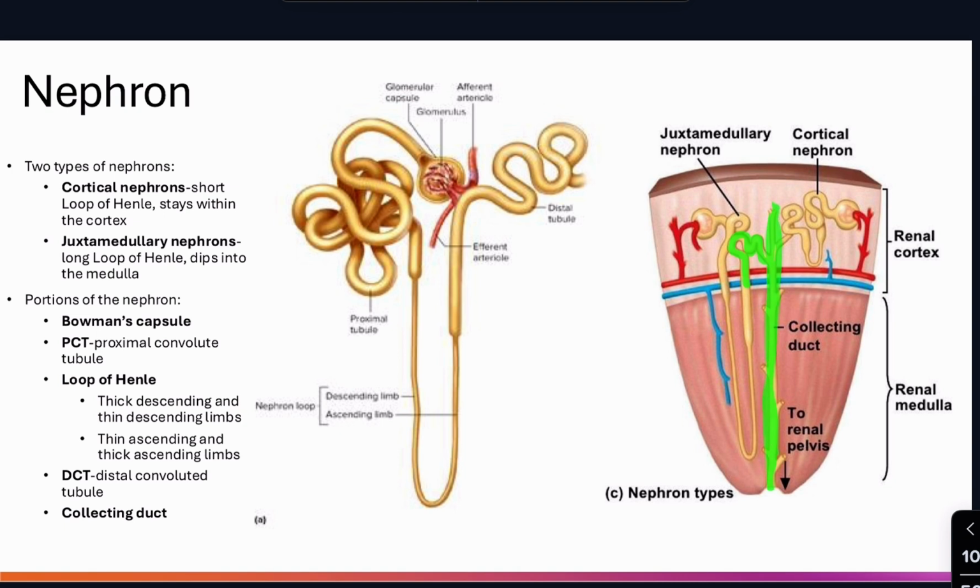The collecting ducts are these long, giant ducts, big tubes of their own, leading all the way down to the renal pelvis, which will eventually empty out into the minor and major calyces, and then eventually the pelvis, and then into the ureters.